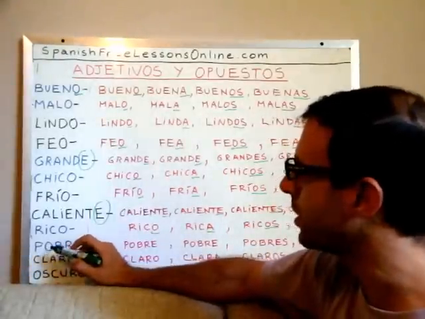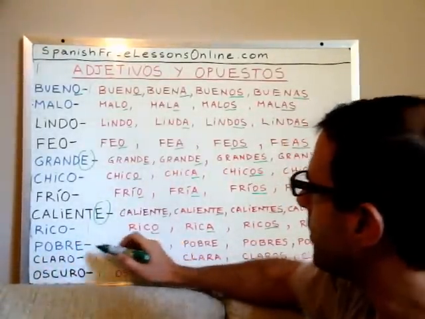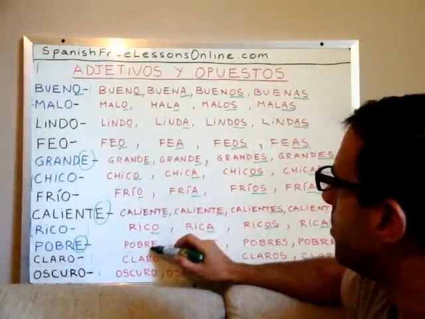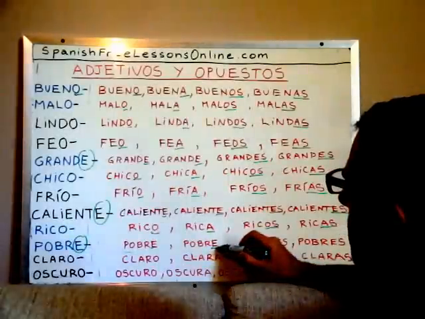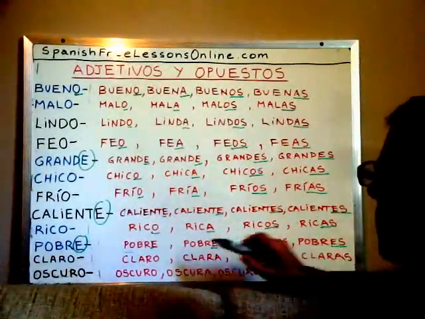Now for pobre or poor. Pobre, remember again, this one ends with an E. So pobre, pobre, pobres, pobres, right?